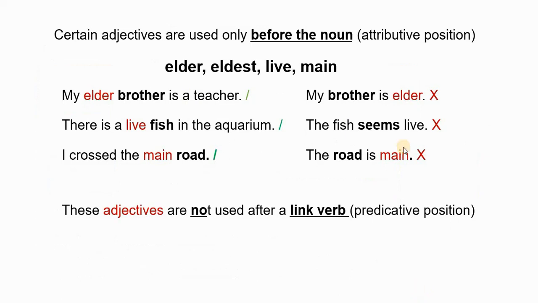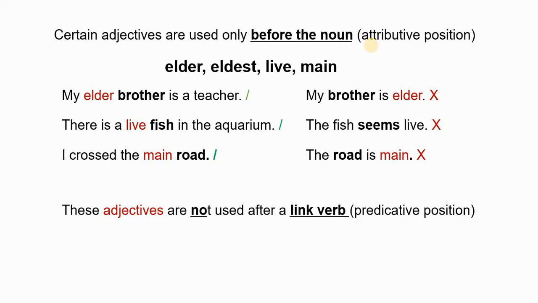So certain adjectives are used only before the noun in the attributive position. And I have given you the four most common examples.